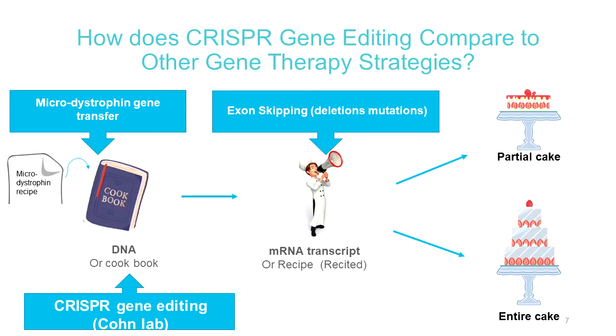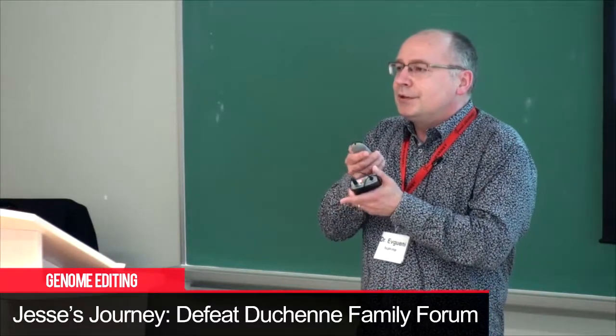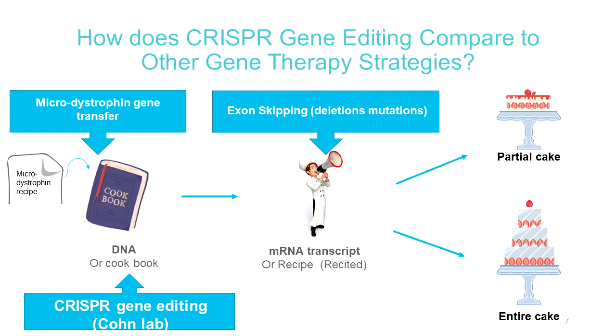When we talk about microdystrophin therapy, and Dr. Mindela is going to talk about it after me, essentially you can think about it as a leaflet in a book. We are not changing the book, we are just adding a page. We are adding a page, but it's not bound to it. And if something happens with cells and cells divide, we can lose this leaflet. But the microdystrophin recipe is there and it can be read.